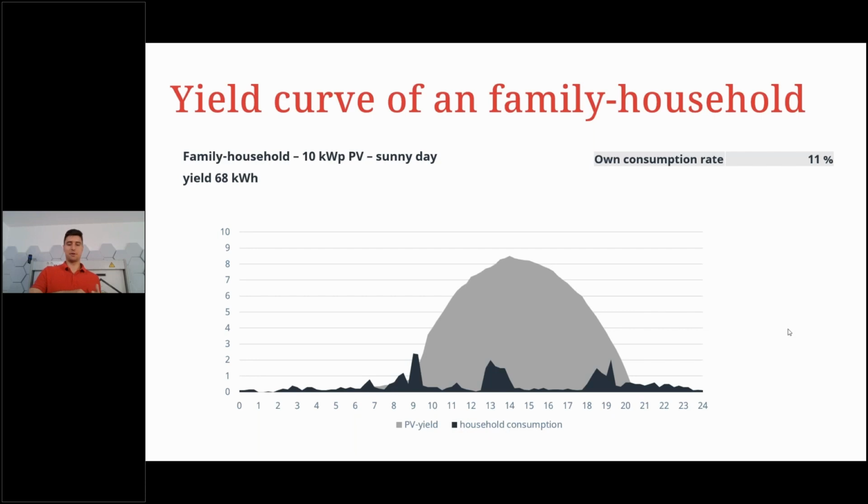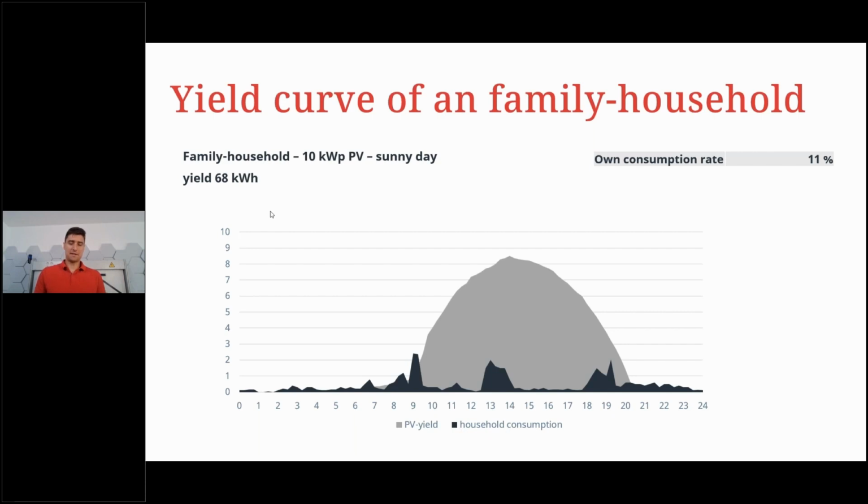Production starts at 8 in the morning, has its peak around noon, 1 or 2 o'clock, and stops in the evening when the sun sets. On a perfectly sunny day like this, the family household with around a 10 kilowatt peak system has a yield of almost 70 kilowatt hours, so quite a lot.